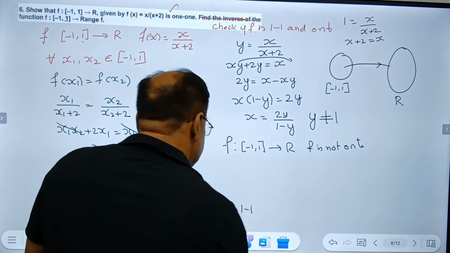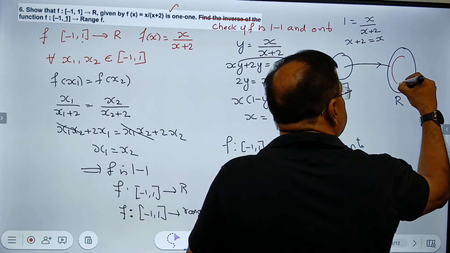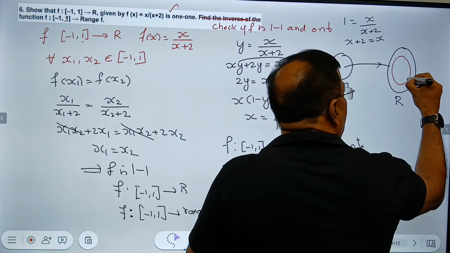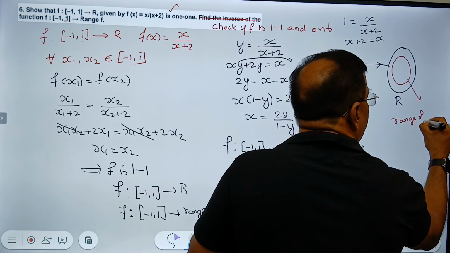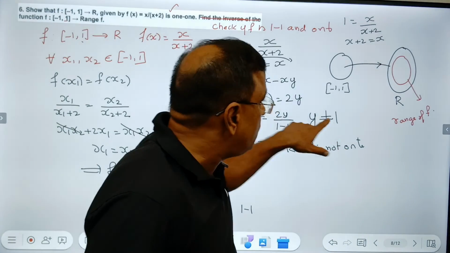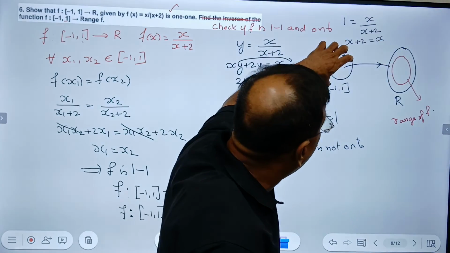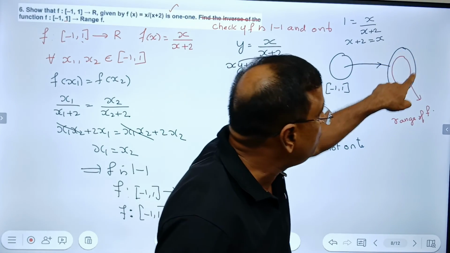So my range will be no longer R, but a subset of R. I call this the range of f. Wherever a value does not have a pre-image, I eliminate that and form a new set.